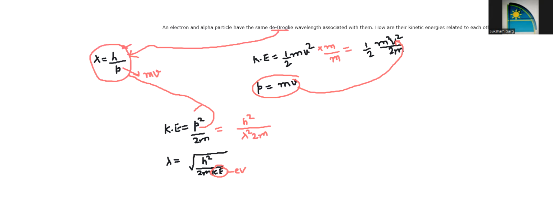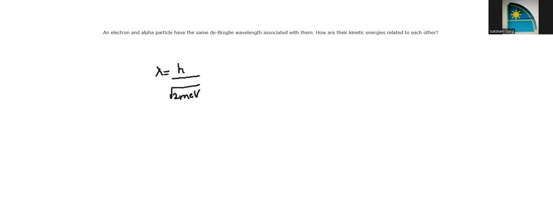Kinetic energy is p square by 2m, and lambda is equal to under root of h square upon 2m kinetic energy. So for the next few numericals, we are going to remember this particular relation. Lambda is equal to h upon root of 2m into e into V, where e is the charge on each and every electron and V is the potential. Now let's move on to the given question.